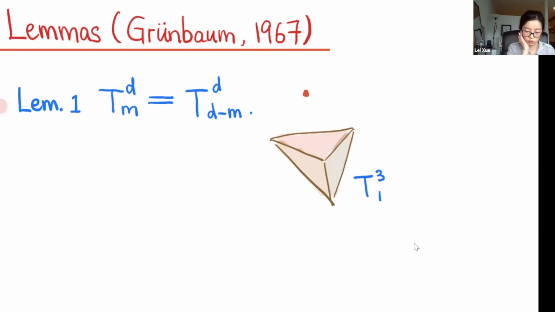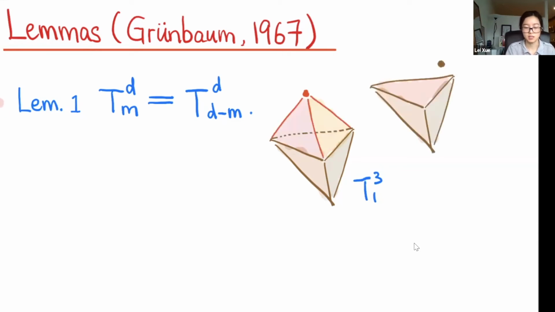And I'm going to do my favorite proof by example over here. In order to get T3 sub 1, you can add a vertex here, beyond this facet, and that's what we got. And in order to get T3 sub 2, you can add this brown new vertex here, so you can see this one and this one.